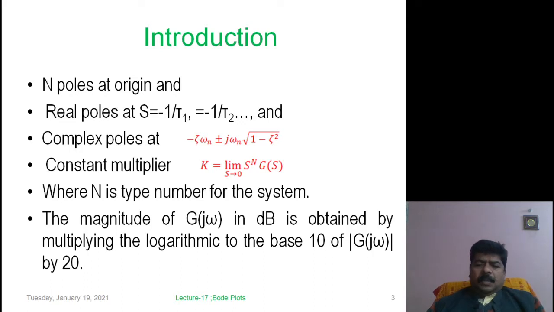In this case, magnitude is obtained in decibels, and that is obtained by taking 20 log of the magnitude of G(jω) at base 10.